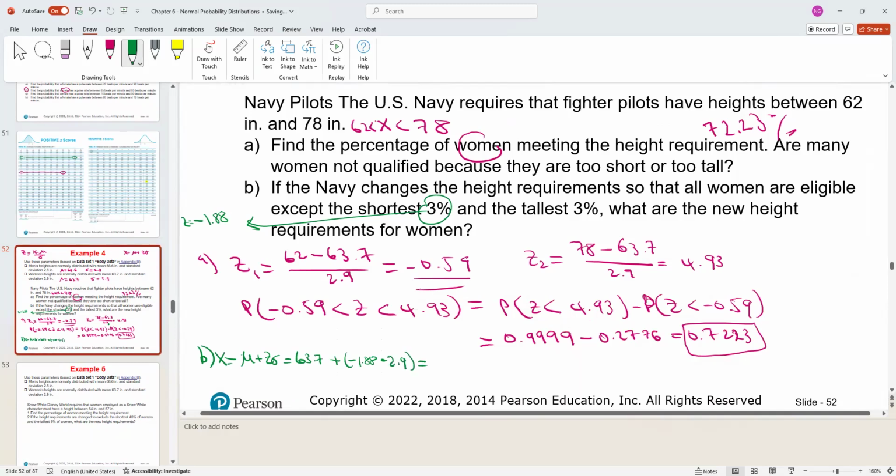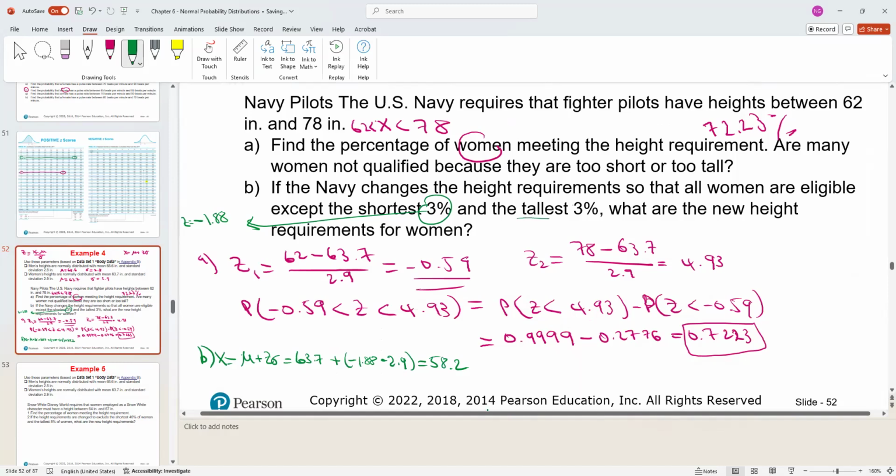Let's see the women that won't be qualified. We do negative 1.88 times 2.9 plus 63.7. It will be 58.2. That's the lower one.